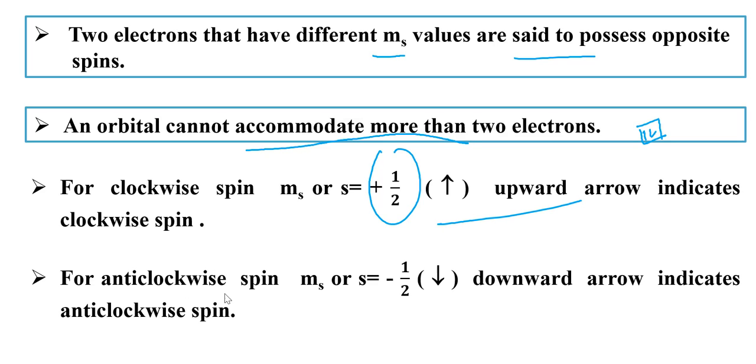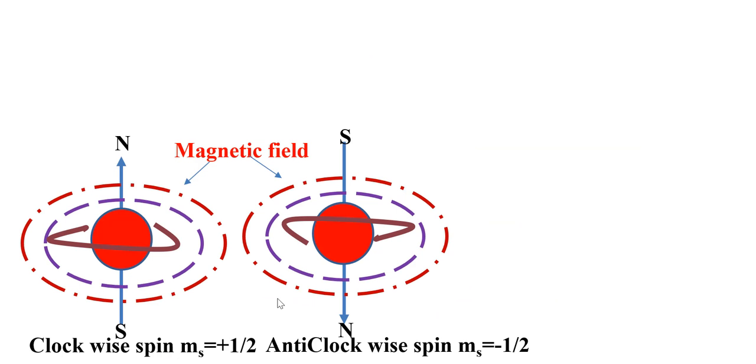For anti-clockwise spin, the value is minus half. A downward arrow indicates anti-clockwise spin. See here, two electrons are there. When clockwise, plus half; anti-clockwise, minus half.